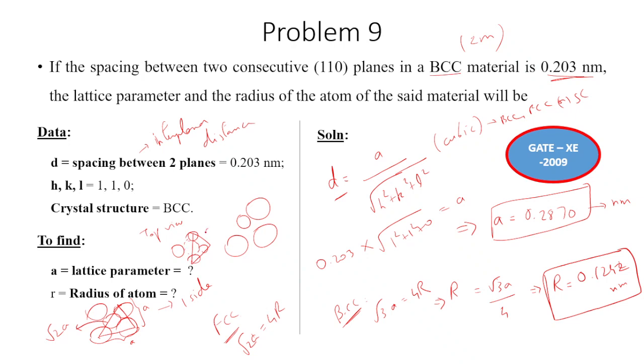Here the face diagonal will be root 2a, and this is the body center atom.